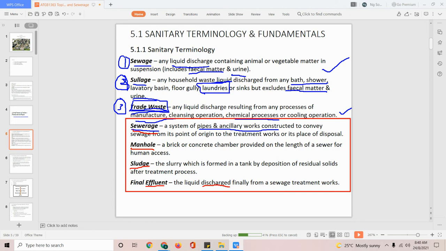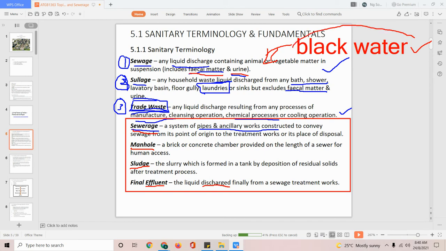Besides that, we also call our sewage by another name. Any water contaminated with fecal matter or urine, we call black water.